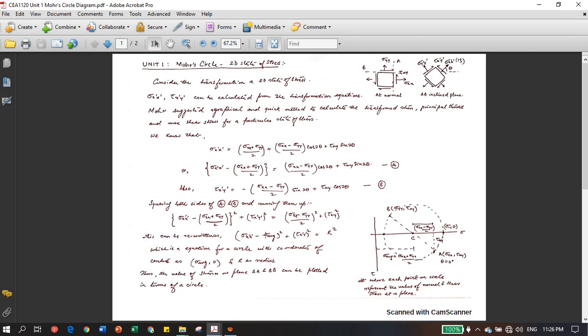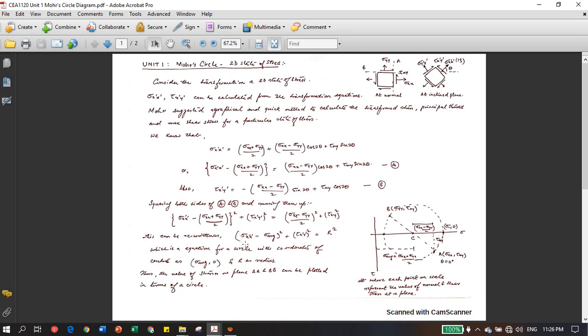What this means basically is, for this circle, the value of the radius can be calculated from here. And what is the center of this circle? The center of the circle will be given by this.